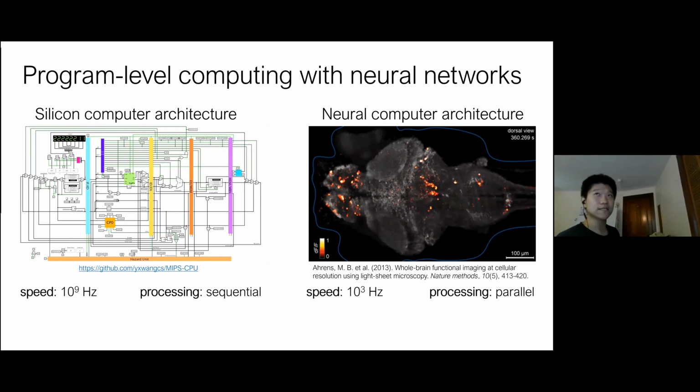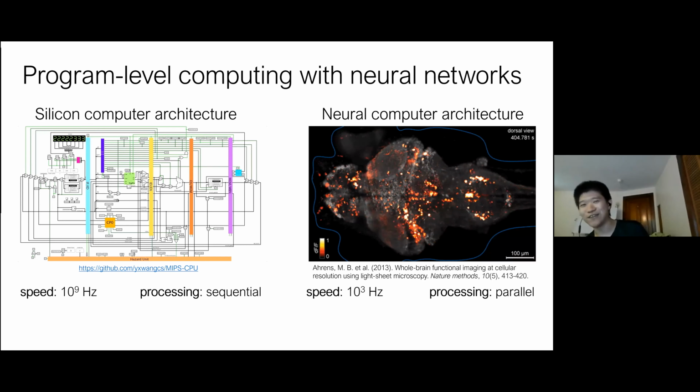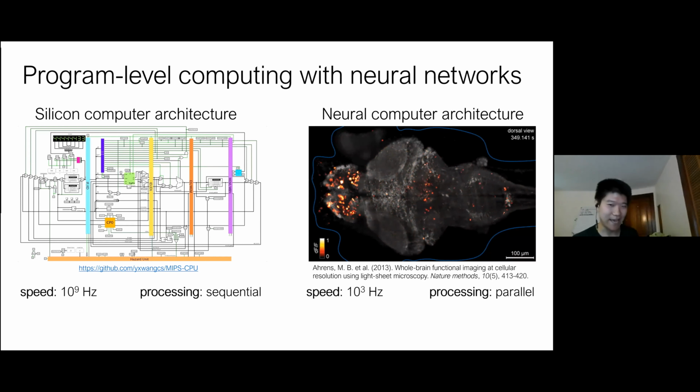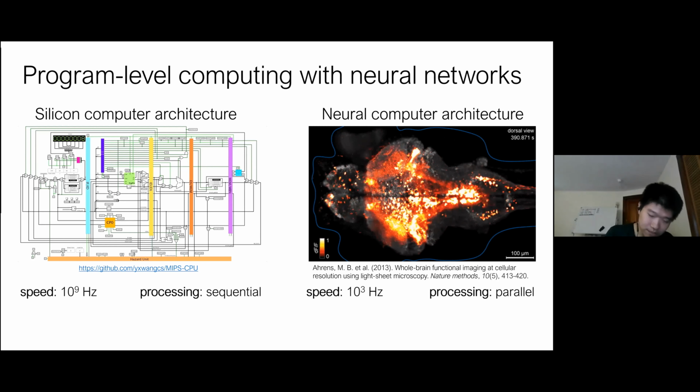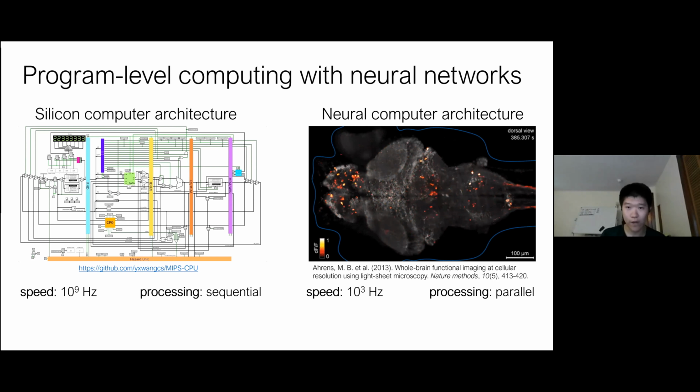But the way that neural systems compute is very different, right? They're much slower. The firing rate of a neuron caps at about 1 kilohertz, and they can go a little faster, but it's 6 orders of magnitude smaller than whatever a computer can produce. But all of their computation in exchange is done in a fundamentally parallel kind of way, right?